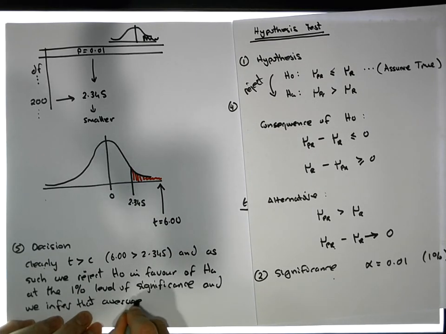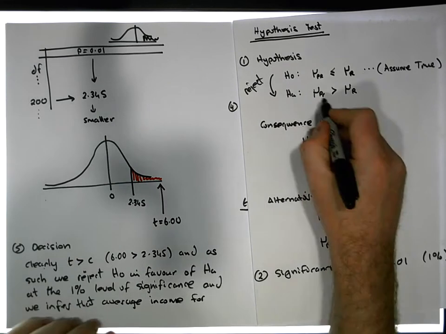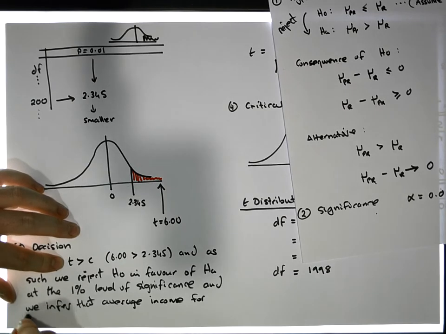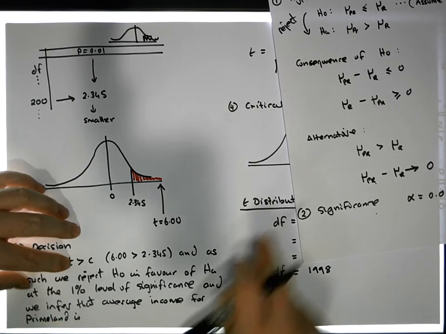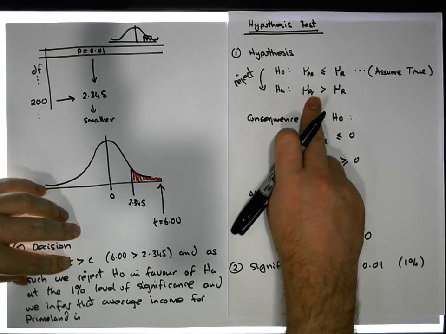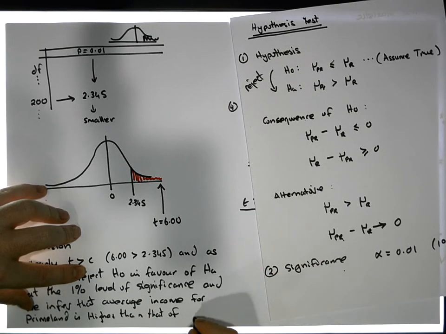Let me write this down here, hopefully you can see this: mu of PR is bigger than mu of R, so it's higher than the average income of Rockland. So that's where we are there.